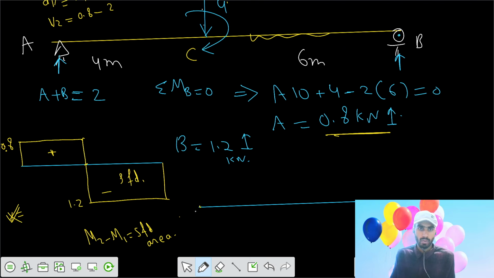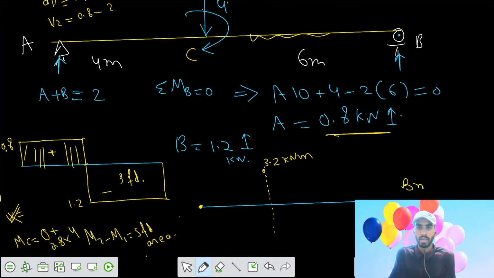We know that moment at A equals 0 because the support is simple, it's a hinged support, so the moment is 0 here, and we want to calculate the moment at 4 meter. That is moment at C. Moment at C equals moment at A, that is 0, plus the SFD area, that is 0.8 into 4 meter, which is 3.2 kilonewton meter.